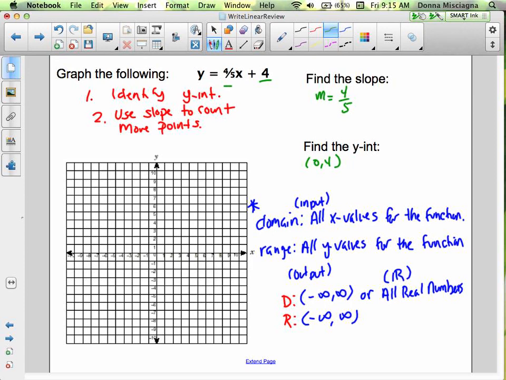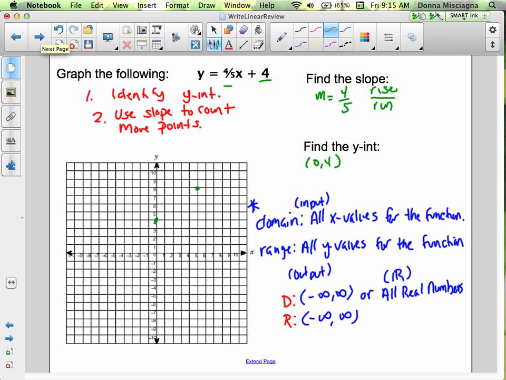Now all we have to do is graph our y-intercept, 0, 4, and then use the slope to count out more points. We have 4/5. That means the rise is 4, and the run is 5. So I'll count up 4, 1, 2, 3, 4, and to the right 5, 1, 2, 3, 4, 5.